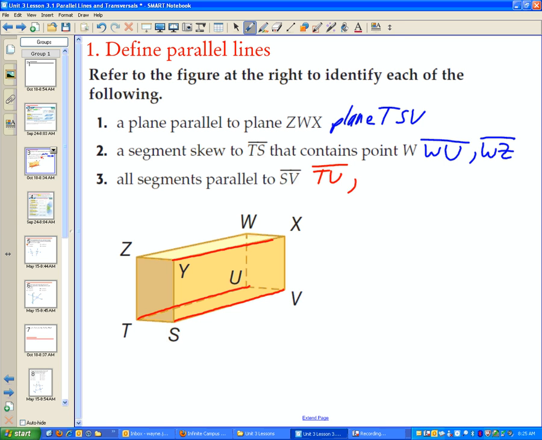YX. Name me another one. ZW. Now on that one, you'd have to have a plane that's not actually drawn in the figure, but it would contain them both, wouldn't it? Is that it? That are segments that are drawn for us? Is that it? I think so. Okay. All right. Questions?